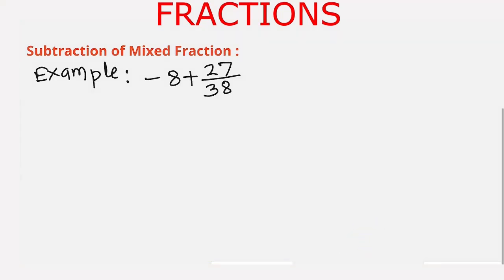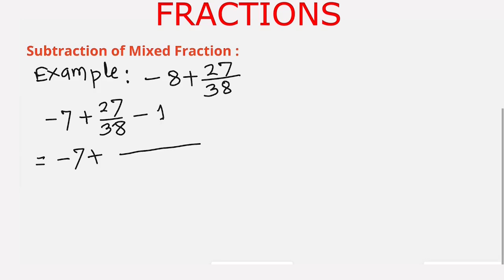The given example is minus 8 plus 27 upon 38. Minus 8 can be written as minus 7 plus 27 upon 38 minus 1. Minus 8 is split into minus 7 and minus 1. This is equal to minus 7 plus, the LCM of 38 and 1 is 38.